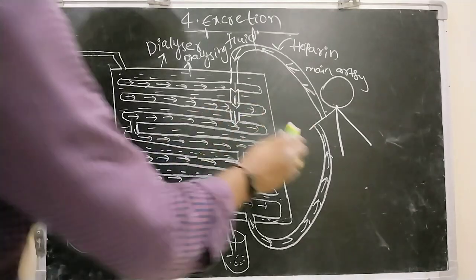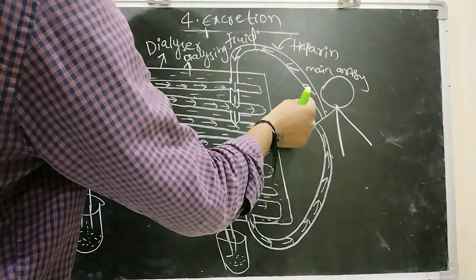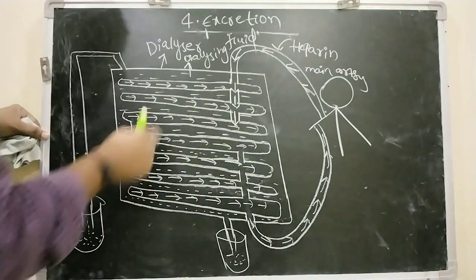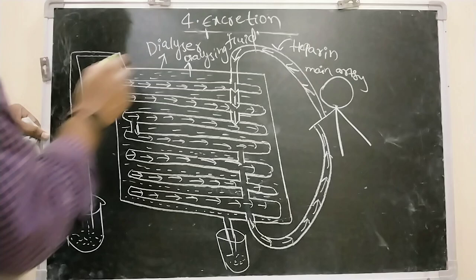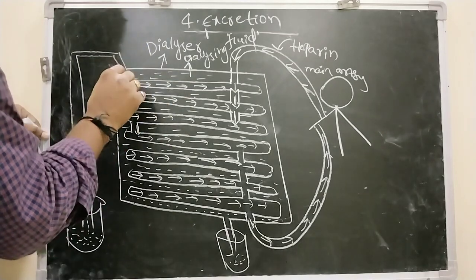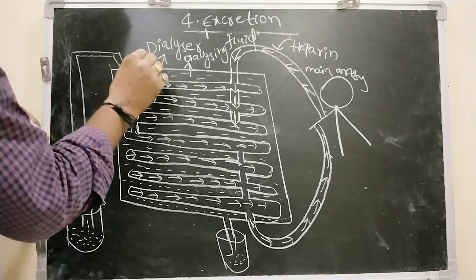First, from the main artery, the person's blood is taken into a machine called dialyzer. This dialyzer contains a fluid called dialyzing fluid. This dialyzing fluid's composition is the same as blood but without solid wastes.